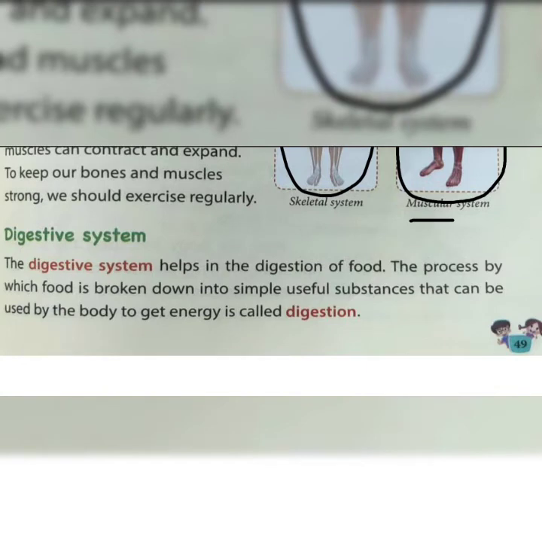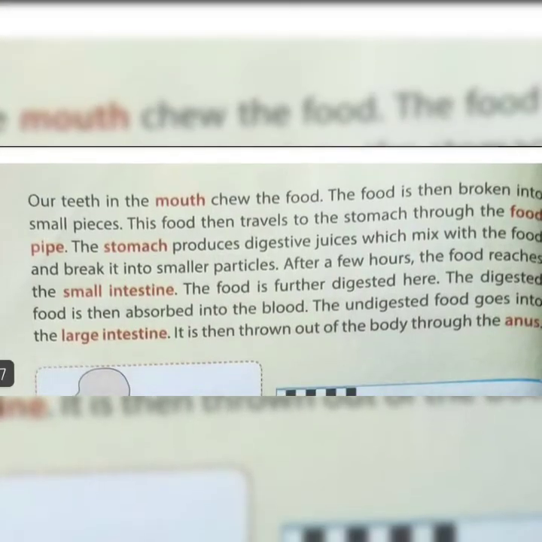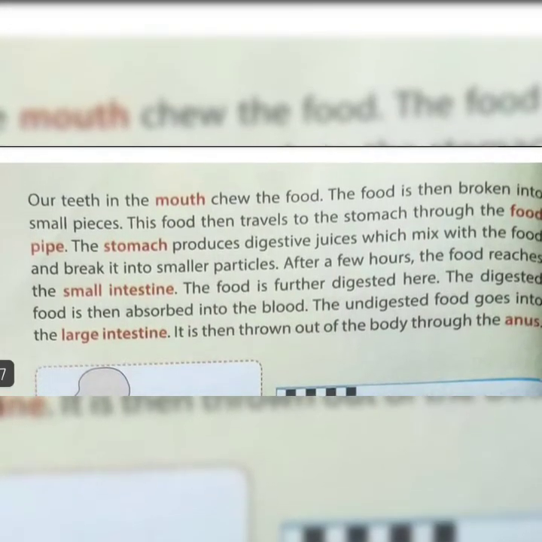Next comes the digestive system. The digestive system helps in the digestion of food. The process by which food is broken down into simple useful substances that can be used by the body to get energy is called digestion. Our teeth in the mouth chew the food.